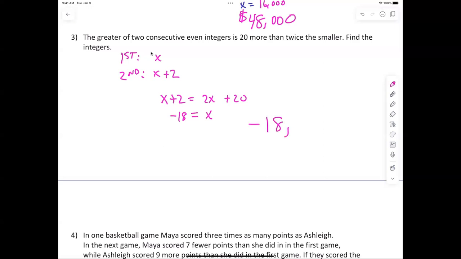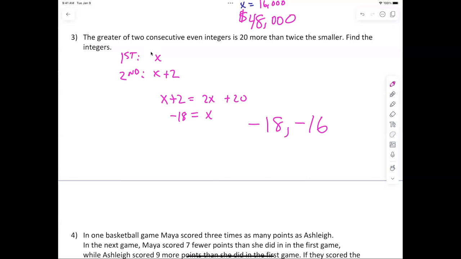What is the next even number going to be? Negative 16, not negative 20. You are adding 2.